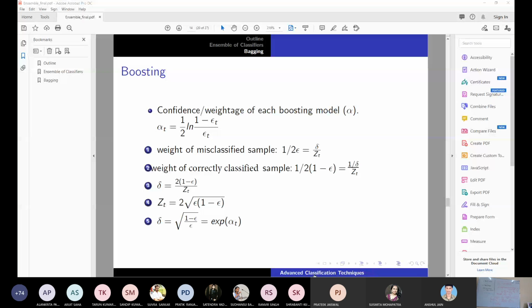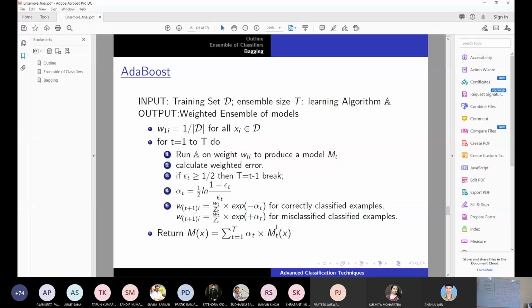Okay. So here we learn the algorithm. First the weight is simply 0.1, divided by the total number of samples, and then run a particular algorithm with w_t. First time its weight will be 0.1, and calculate the weighted error.